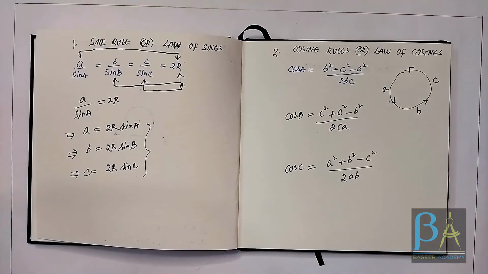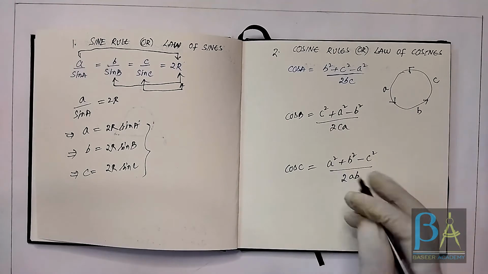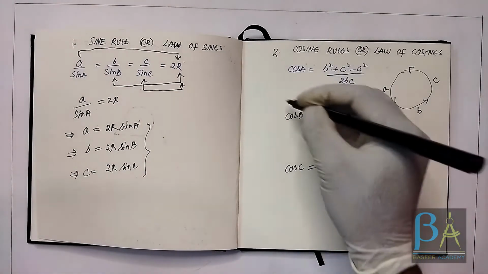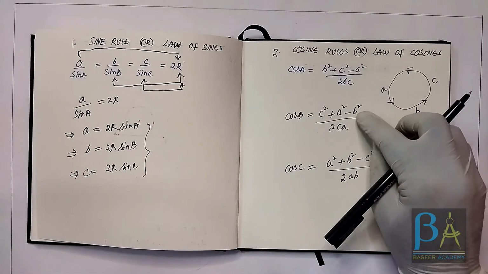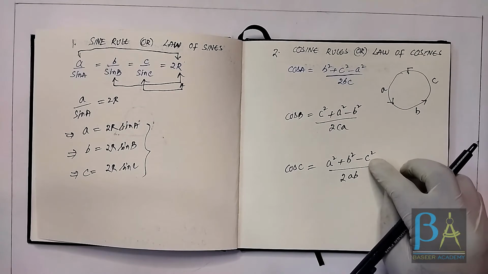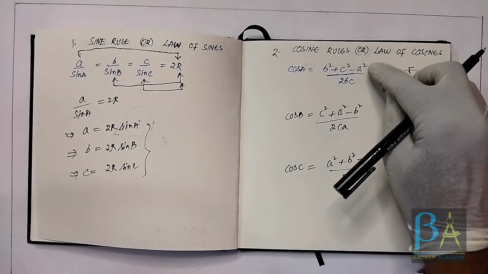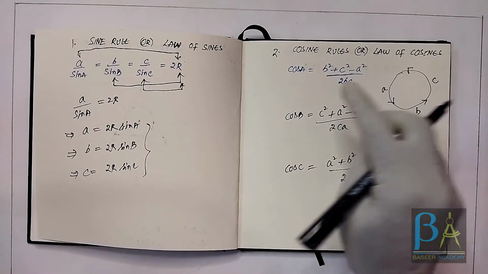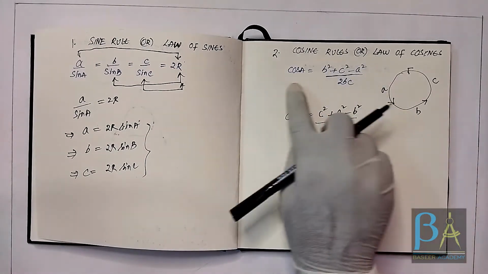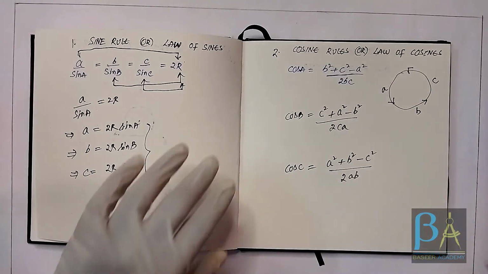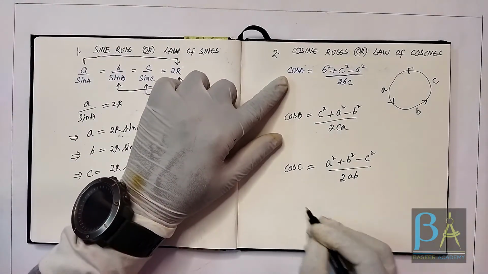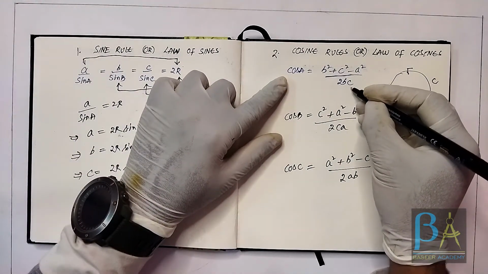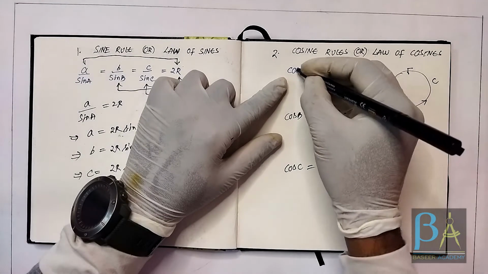Now I hope you understood what we did here. From these cosine formulae, you will be able to derive the values of a square, b square and c square. So we'll be able to derive a few more formulae just by using the cosine rules. Let me find out what a square is from cos A. 2bc is dividing on the right hand side, so it is going to multiply on the left hand side.